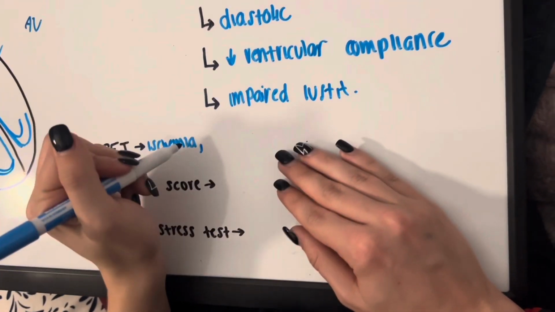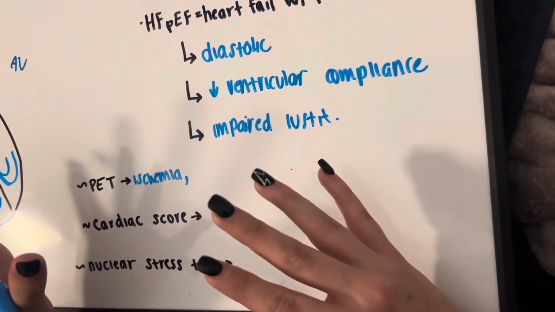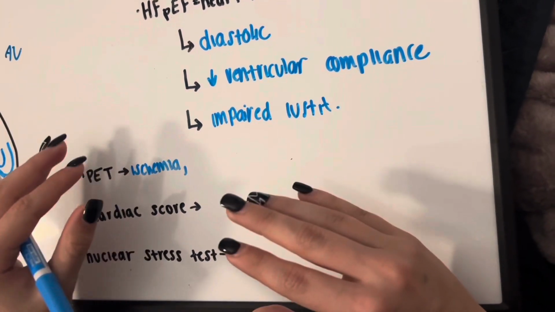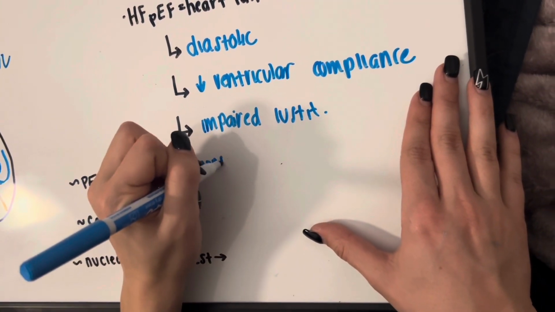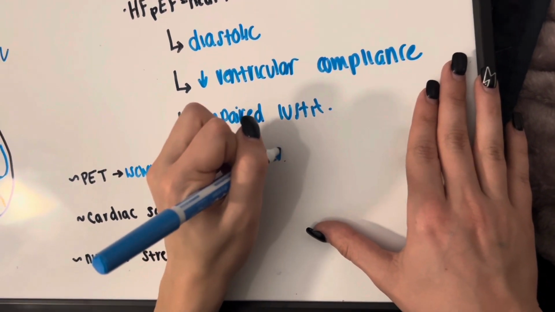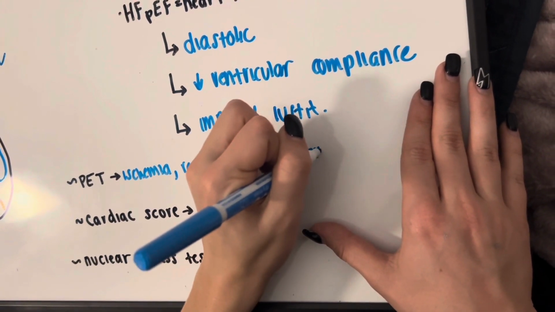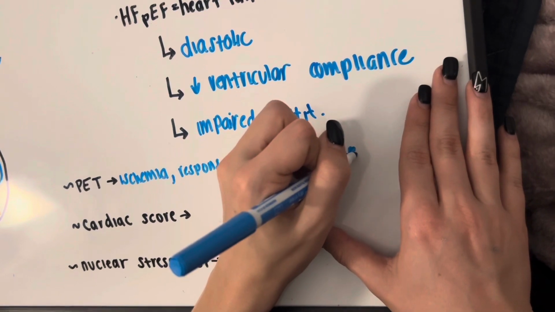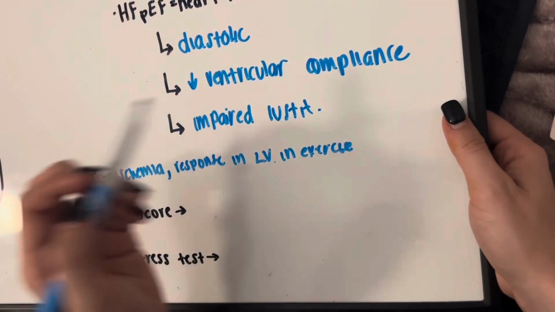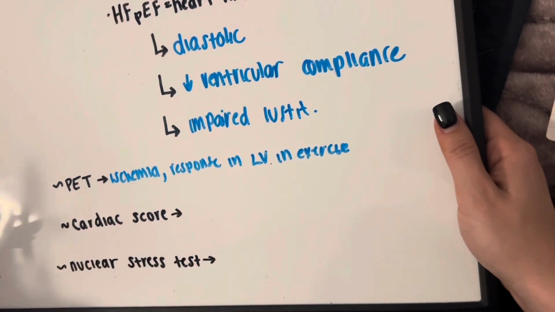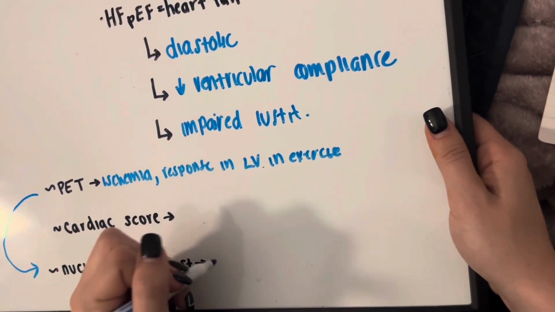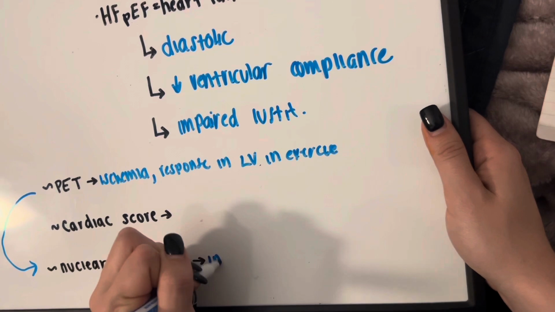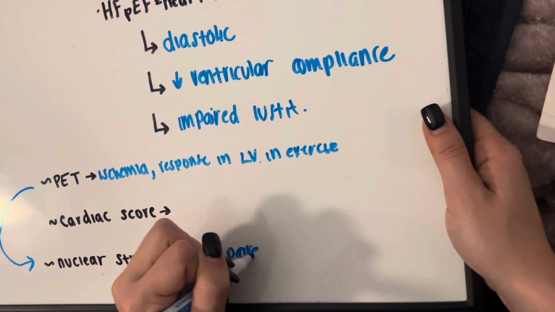And it looks at the heart, specifically the left ventricle, whenever you're exercising, the response in the left ventricle in exercise. It also identifies regions of impaired perfusion, which is also what the nuclear stress test does. I'm just going to write it down here because there's more space.